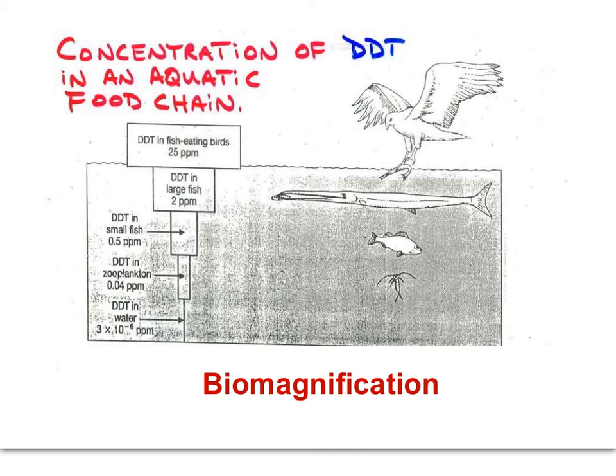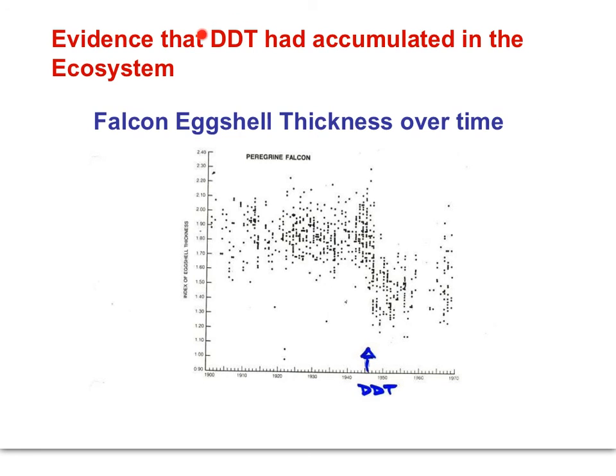The impact of the toxin can take many forms. The introduction of DDT as an insecticide on agricultural fields in 1945 is correlated with a decrease in eggshell thickness in predatory birds. The thinner shells meant that roosting females would cause shells to break. The thinner shell reduced successful reproduction.